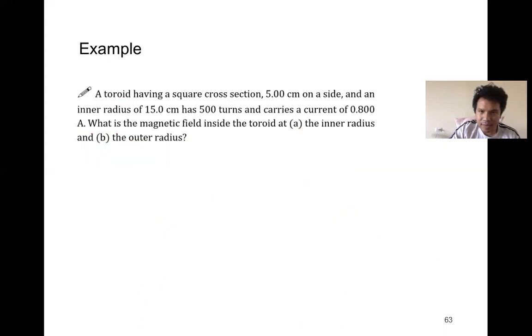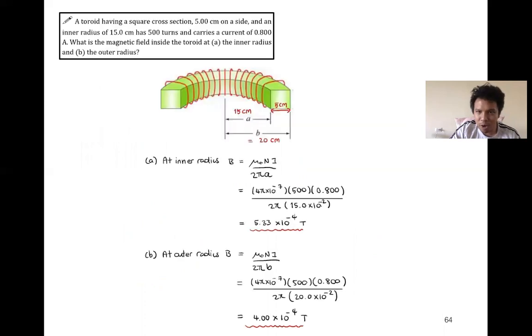Okay, and this is the last example, about a toroid. They want us to find the magnetic field inside the toroid at the inner radius and the outer radius. So again we use Ampere's law.